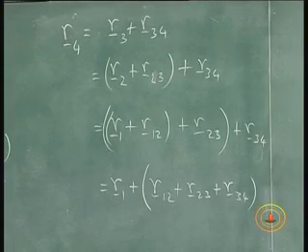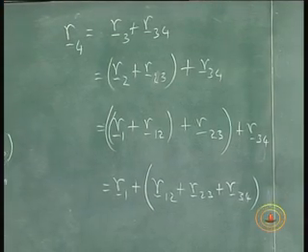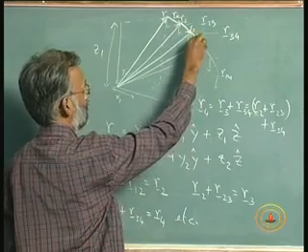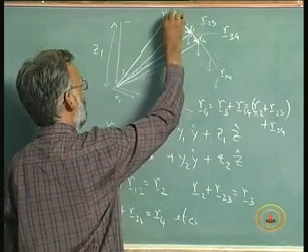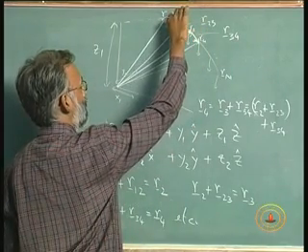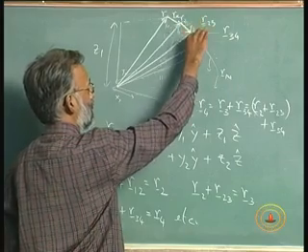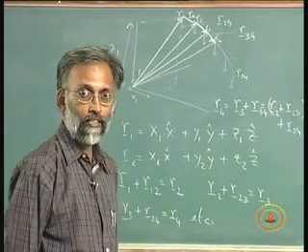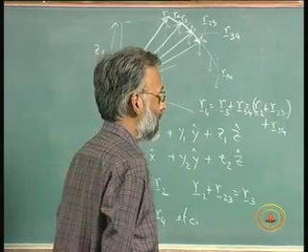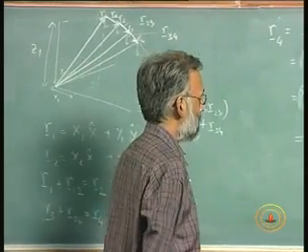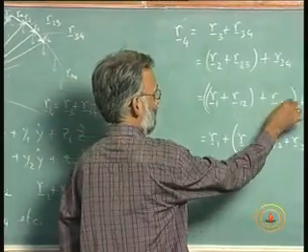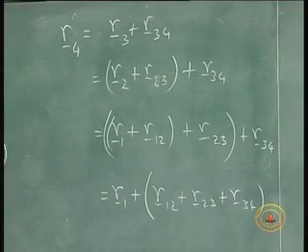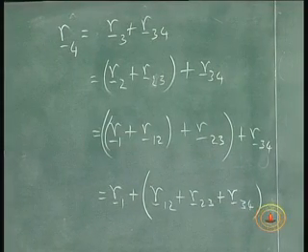So what it means is, to get to R4, I could have gone to R3 and gone to R4, but I could equally well have gone to R1, gone R12, gone R23, gone R34. It's the same thing. It's obvious that it's the same thing, but mathematically what it means is these brackets can be dispensed with when we do vector addition.